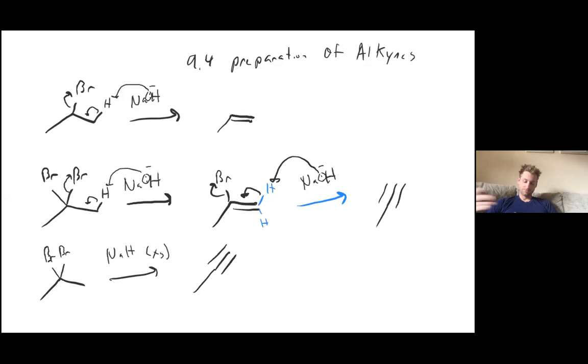The other option is you can have them next to each other. So if they are adjacent and you throw in a strong base, so we keep using NaH, this is a small base.